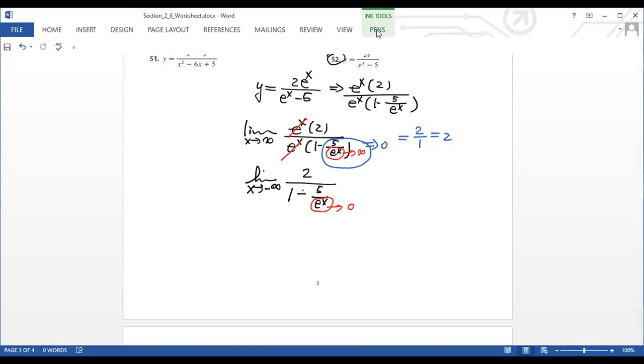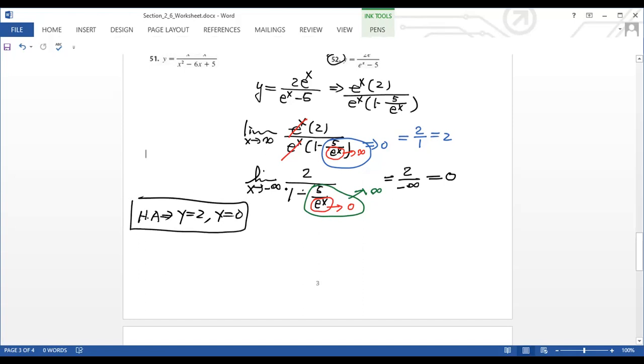If this number approaches 0, then the whole fraction approaches infinity. That means in here my whole thing is 2 over 1 minus infinity, which is still infinity, so it's negative infinity. So what is the whole thing going to approach? I'm going to approach zero here. That means I have 2 horizontal asymptotes: y is equal to 2 and y is equal to 0. Be very, very careful with this problem.